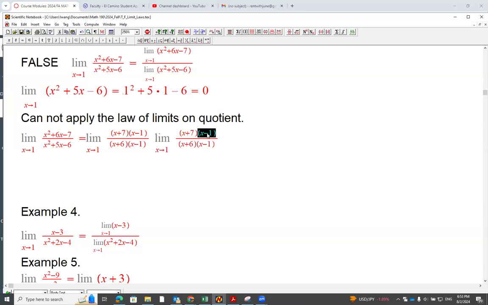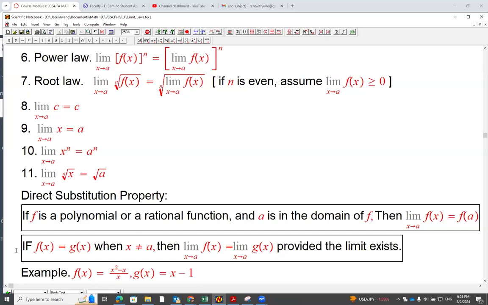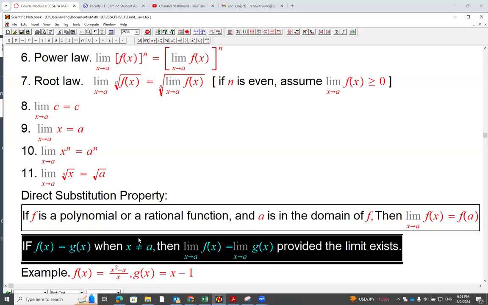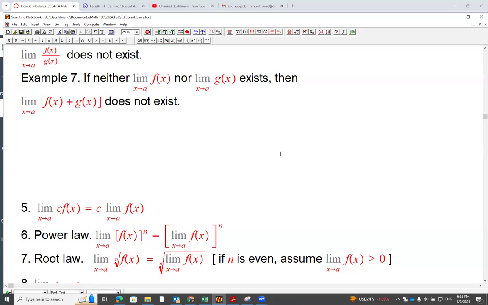So our next step is that we can reduce this factor, and we end up with something like this. And that's a rational function, and 1 is in its domain. So in fact, we're going to be using this theorem. You can see this theorem is used many times over.